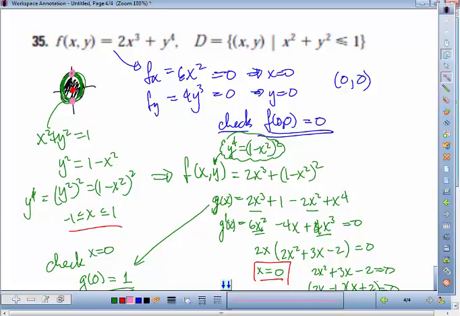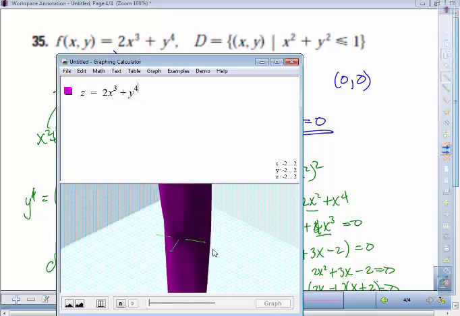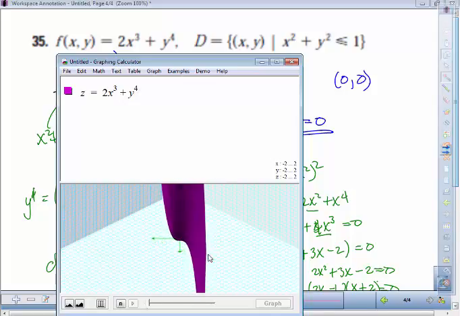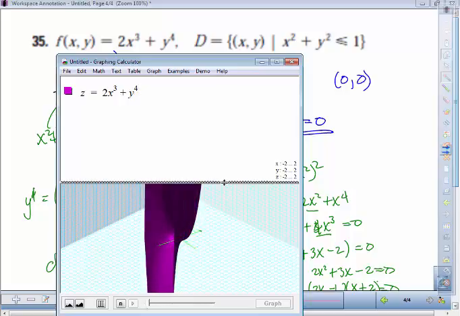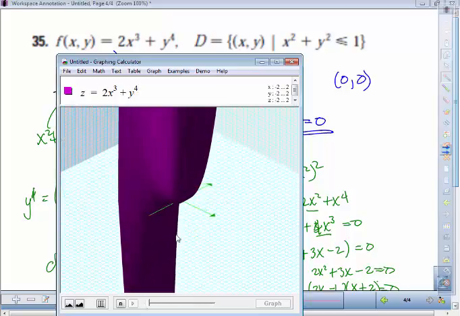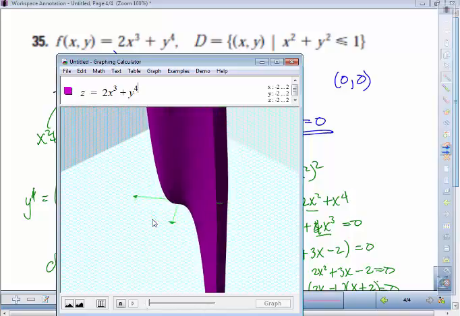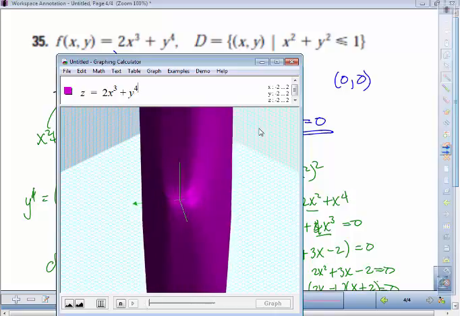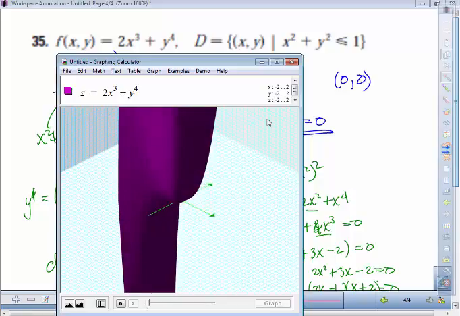So what we can think of is when we plot the surface, I don't know, what's that look like? Whatever it looks like. Let's go with a baby car seat.